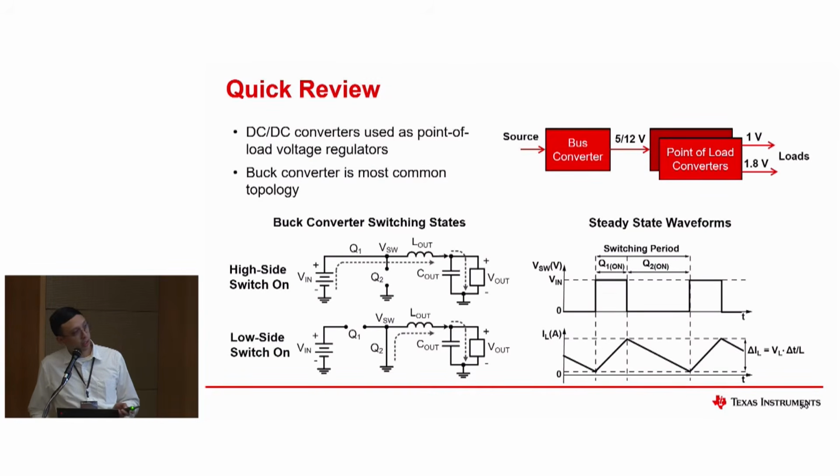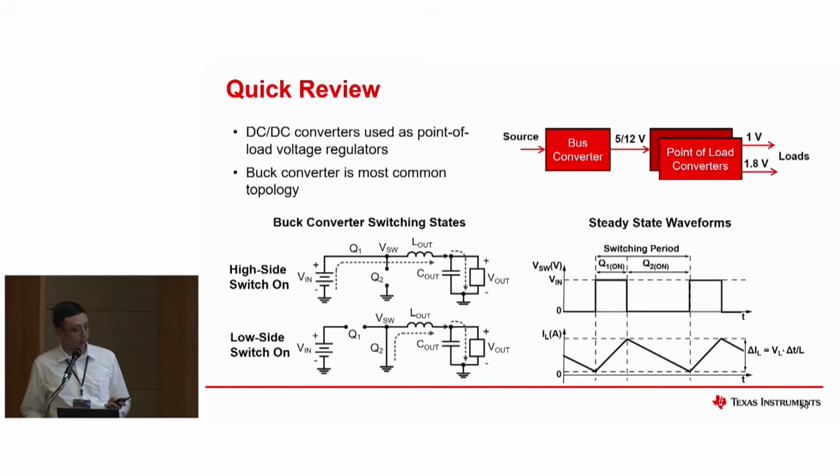This results in charging the output inductor, ramping up the inductor current. Then in the next state, the low side switch turns on while the high side switch turns off, and this discharges the current from the inductor out to the load. Basically, the output voltage is an average of the input voltage over both states.